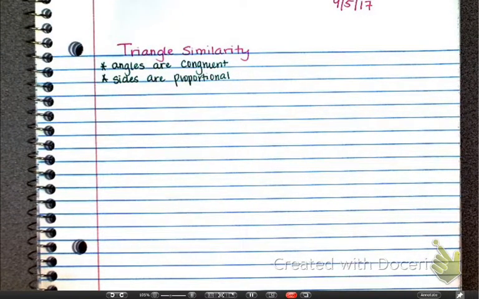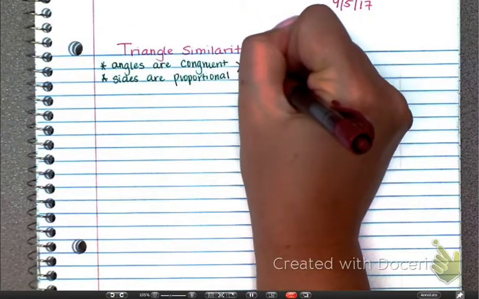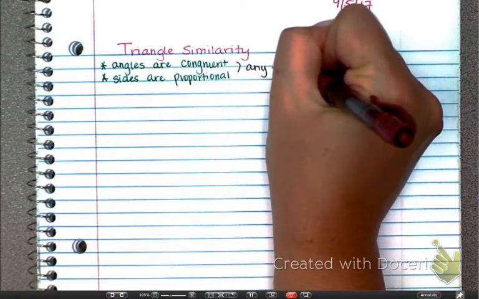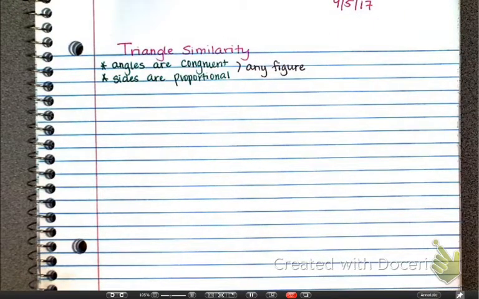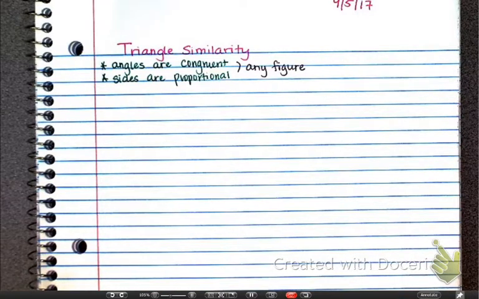This is if we're showing any figure is similar. Okay, it's any figure. A parallelogram, a kite, a rhombus, a triangle, anything we choose, we need to show all angles are congruent and that the sides are proportional.